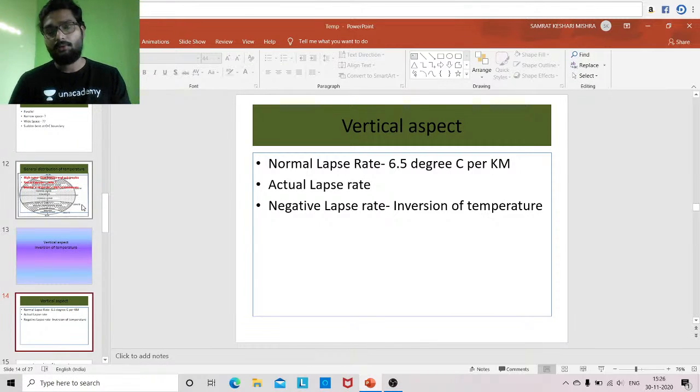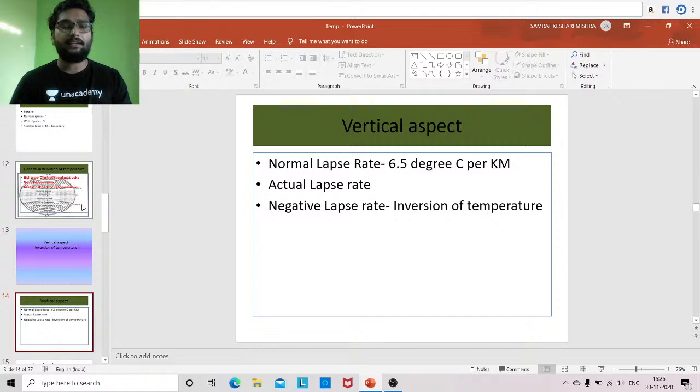It is the lapse rate of one particular place, because it will not be 6.5 degree centigrade per kilometer at every place, and it will vary from place to place. Whether we go to the equator, the pole, the temperate zone or the torrid zone, the quantity will vary. So the actual lapse rate means the vertical aspect of the temperature at one particular place.